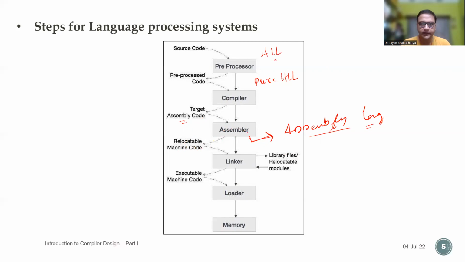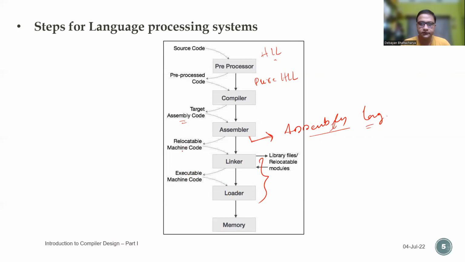Now, next, what will happen? The relocatable machine code is handled by the linker and loader, and ultimately the linker and loader create absolute machine code. So what is the difference between relocatable machine code and absolute machine code? Relocatable machine code is machine code which can be executed from anywhere in our primary memory.